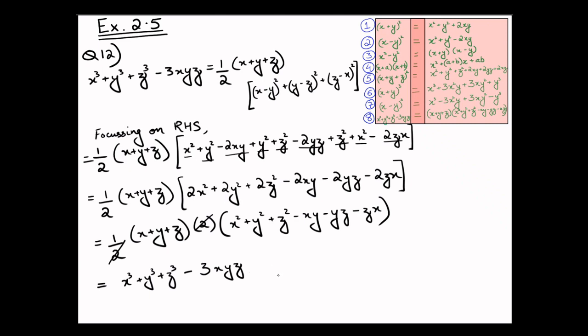And now we can see that the left hand side of our original equation has reduced and become equal to the right hand side, and hence we have verified this identity.